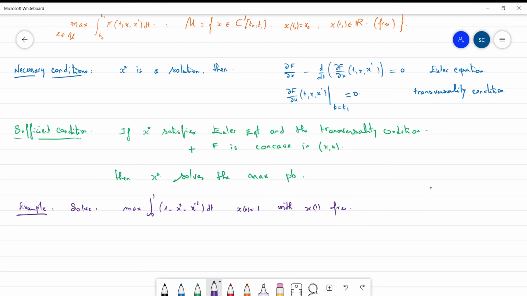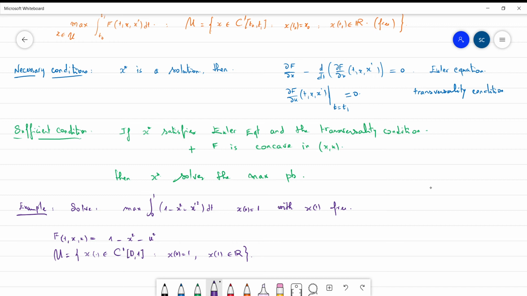Let's identify all the steps and the type of problem we are considering. We have a maximization problem. We have a function f(t, x, u), which I can identify as minus x squared minus u squared. I will look for my solution in the set of C1 functions on [0, 1], where x(0) is 1 and x(1) is free, any real number.